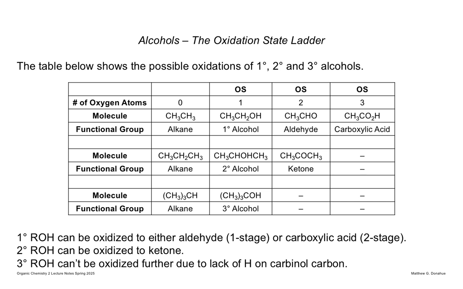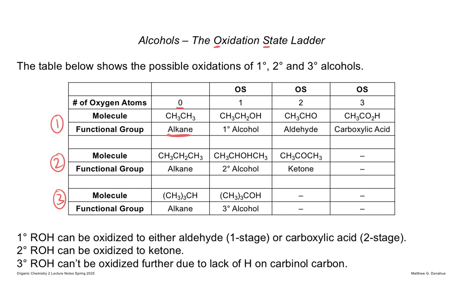To review what's possible and what the strategy is, this is the oxidation state ladder. Oxidation state is OS. We have a couple of situations here, case 1, case 2, case 3. If there's no heteroatom, it's oxidation state 0, and that would be an alkane.